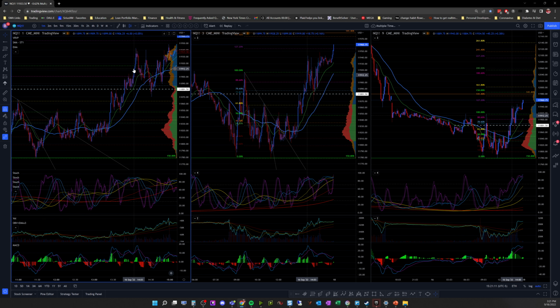I'm 100 points up. Do I want to trail 1 minute candles since we're getting pretty aggressive right here? Do I want to trail 1 minute candles and let it come down and hit me, especially whenever you see chop like this happening? Or do you want to stay down? Because that's the difference between getting out at 915 versus getting out at 880. There were 30 more points of profit in that scenario.